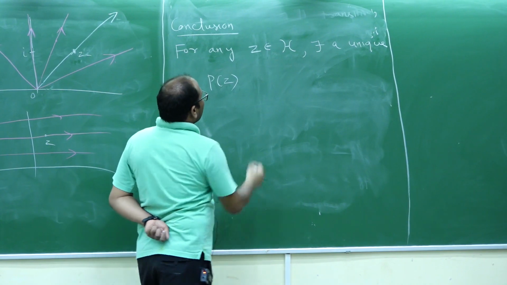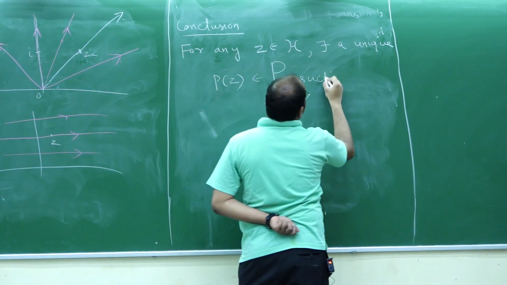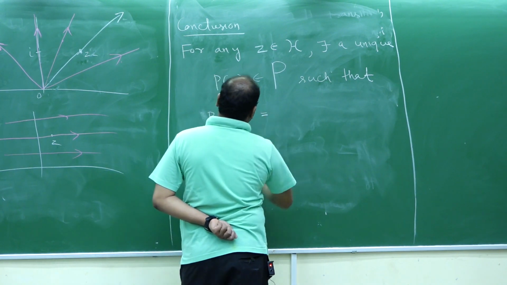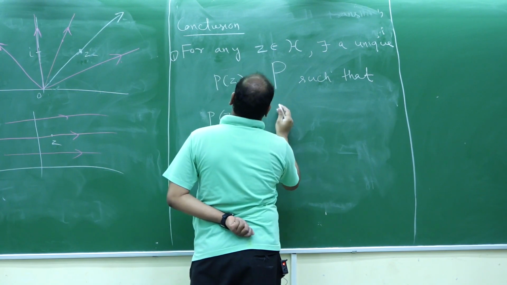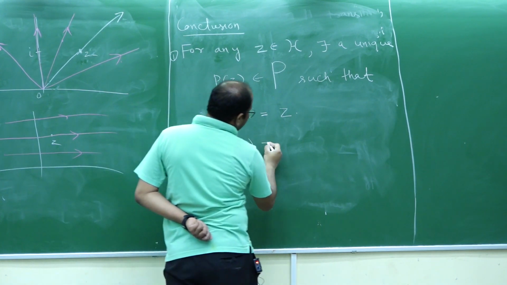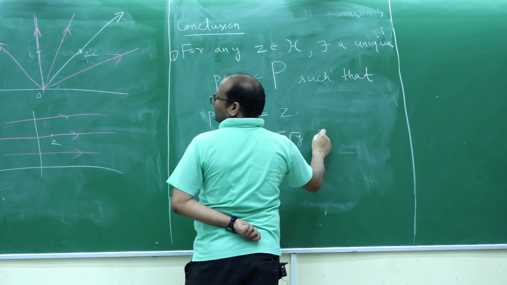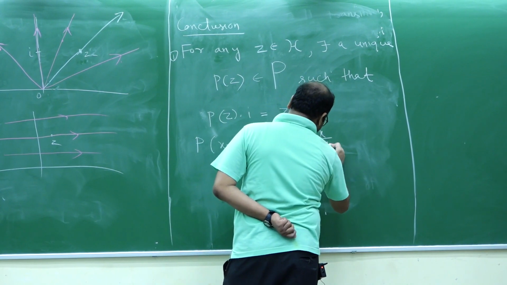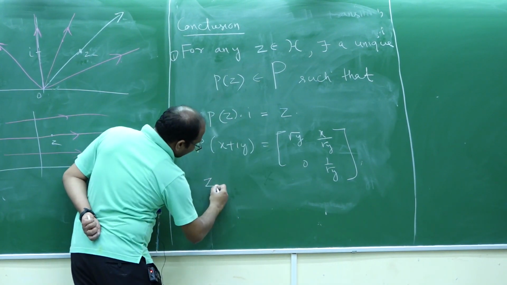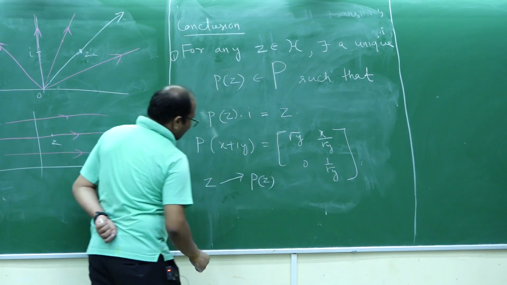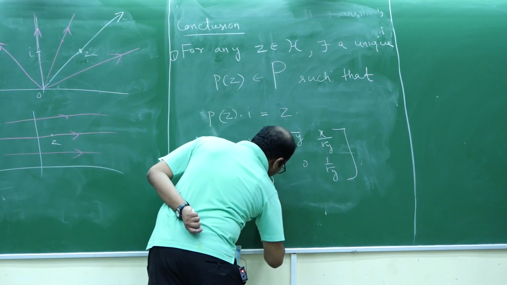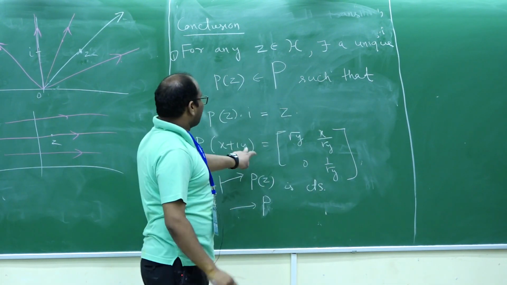There is a unique p(z) belongs to capital P so that the same p(z) dot i is equal to z. And what is the expression of p(z)? p(x plus iy) is equal to root y, x by root y, 0, 1 by root y. And this thing is also true, and z going to p(z), our expression from H to P, is now continuous. Thus, you can see this is clearly continuous.